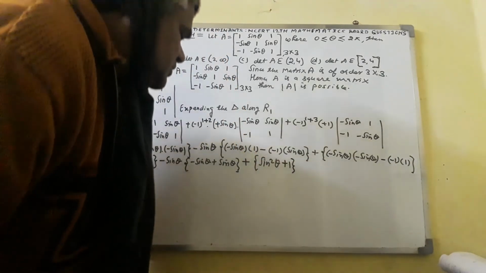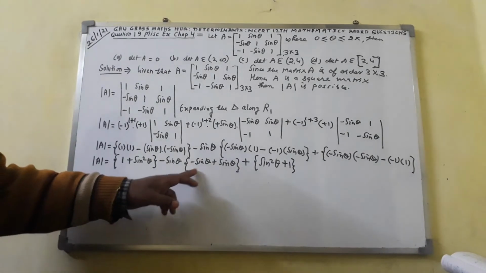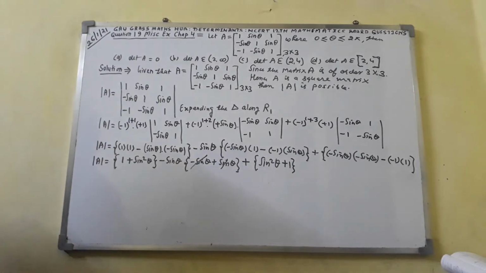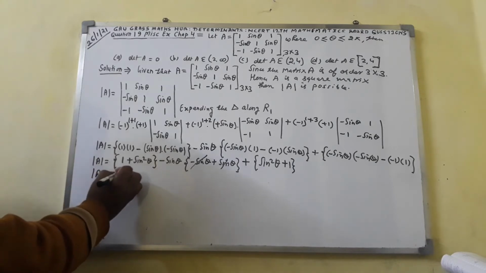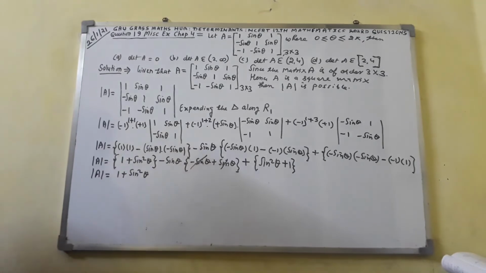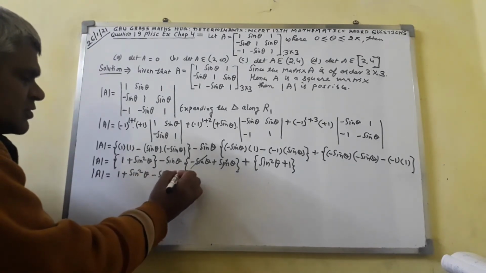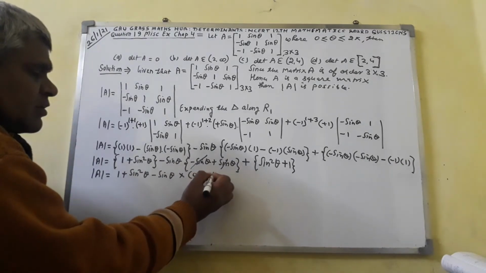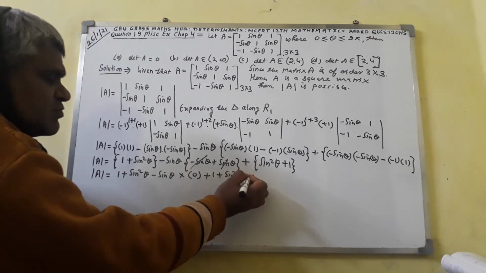This thing we will get. Now do the operation here. Here minus sin theta plus sin theta will be cancelled out. Here you get 0. And here I shall get determinant of matrix A comes out to here 1 plus sin square theta. Here minus sin theta multiply to here comes out to 0 plus 1 plus sin square theta will get.